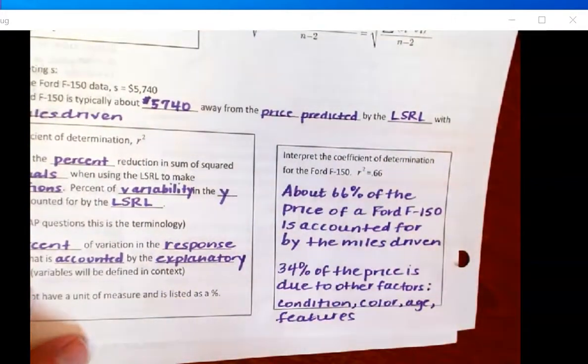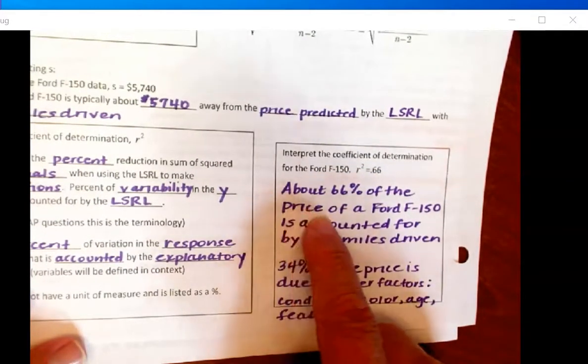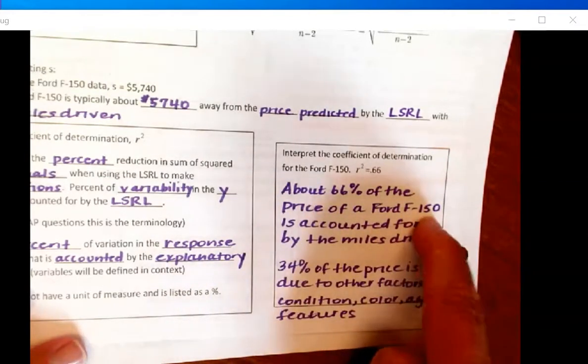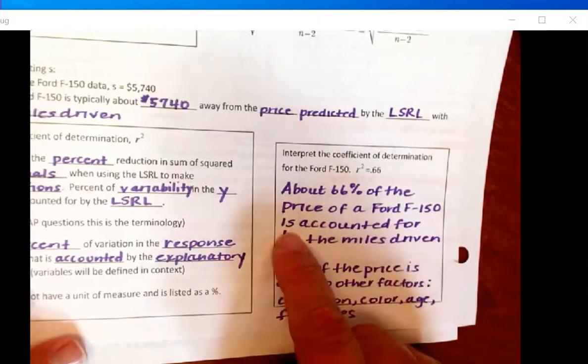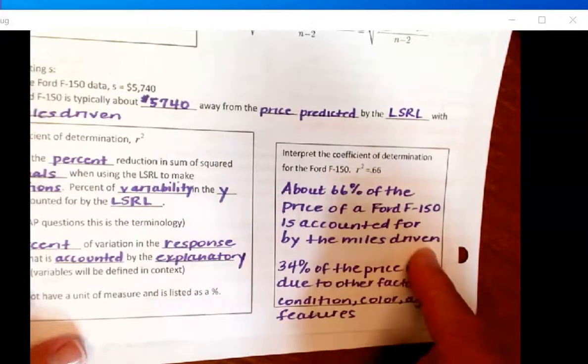It says interpret the coefficient of determination for the Ford F-150 if R squared is 0.66. So you would say, okay, about 66% of the price of a Ford F-150 is accounted for by the miles driven. You always change that to a percent and say about 66% of the price. That's the response variable. The price of the Ford F-150 was the response, and 66% of it is being accounted for by the miles driven.